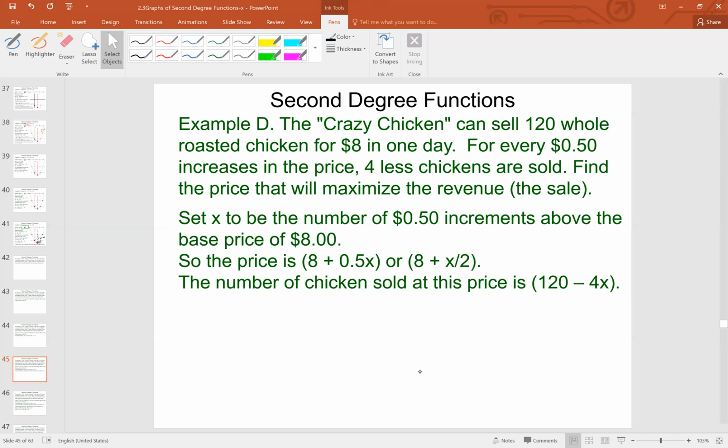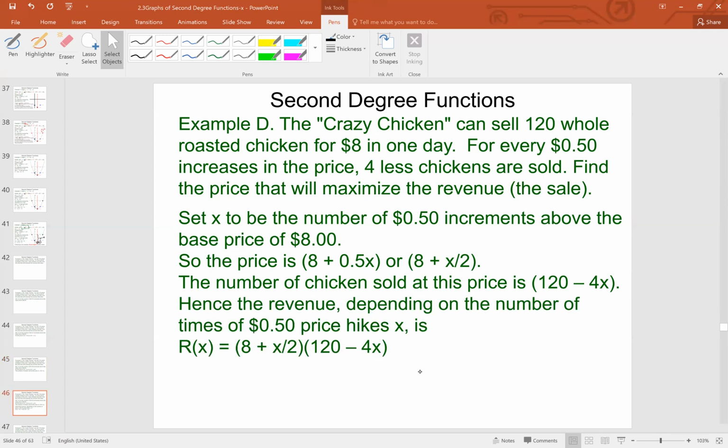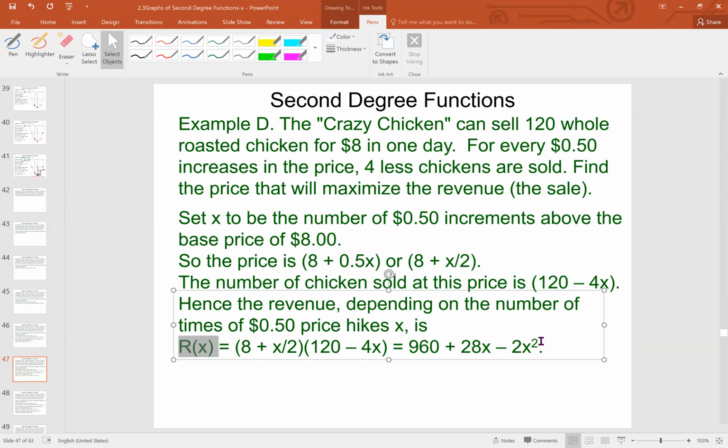So in other words, the revenue is the product of these two things. And this is a second degree equation. This is how much money you take in, and it depends on how many times you raise the price, with x being squared. And if I plot this, it's a parabola, and since it's a minus sign, it's an upside down parabola.